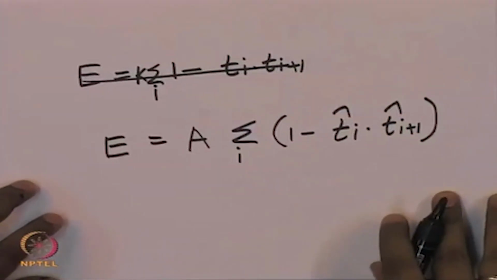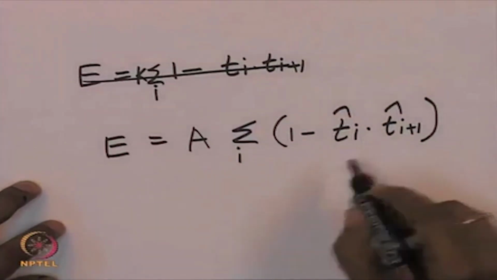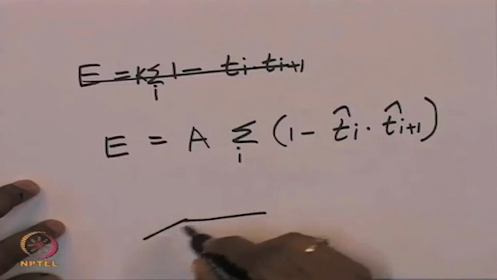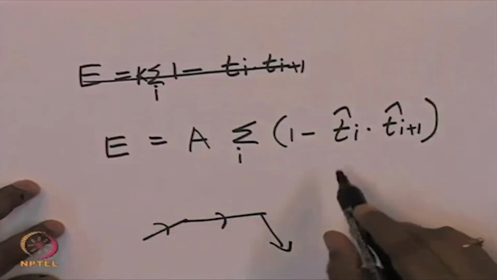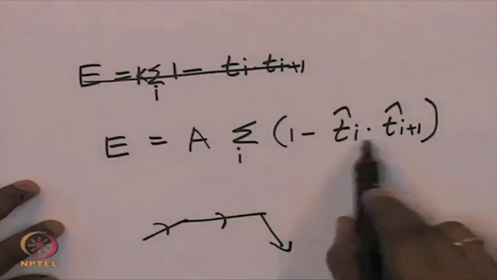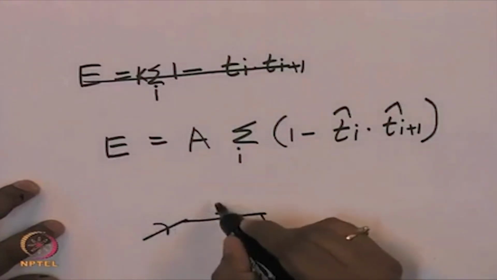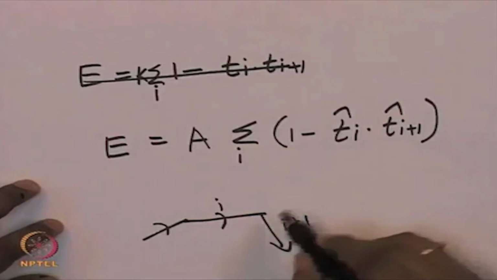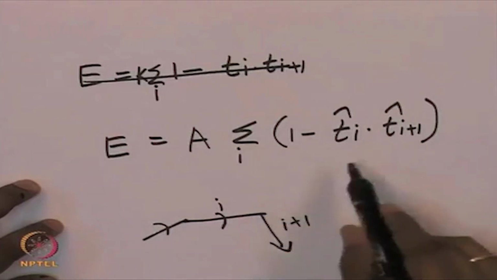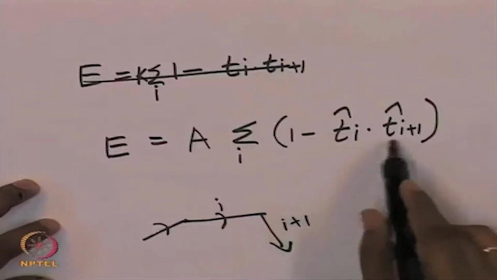What does this mean? T_I dot T_(I+1), if you have tangent vectors like this, is the product between two tangents. If this is the I tangent vector and this is the I plus 1 tangent vector, A dot B is AB cos theta. These are unit vectors.